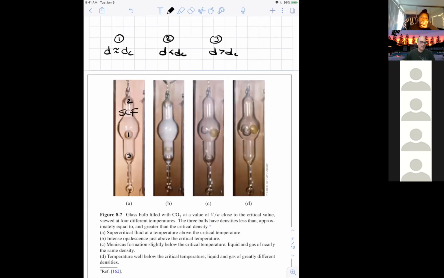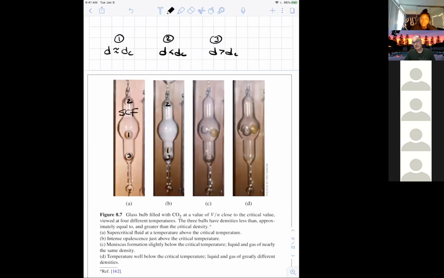I don't know if that kind of makes sense. So what happens here is we're just above the critical temperature. So this is 2, but now 1 and 3 are here, slightly below the critical temperature. So it's really hard to see here.